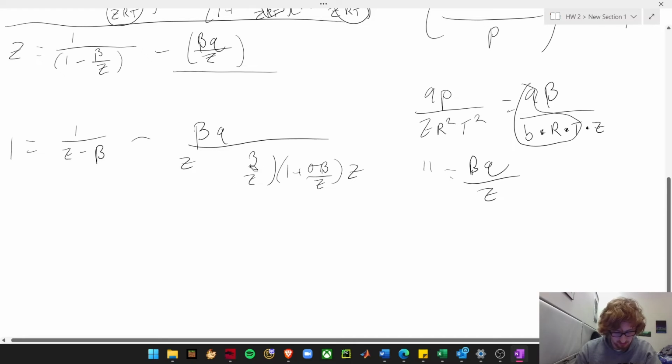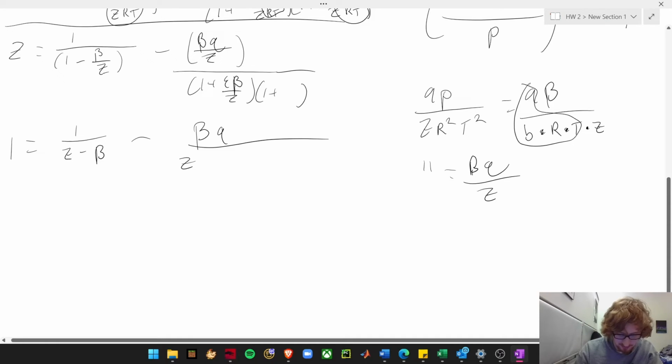And now I have to erase the stuff that I was so proud of copying. Oh, I didn't copy. It's fine. 1 plus epsilon of beta over z. 1 plus sigma beta over z.